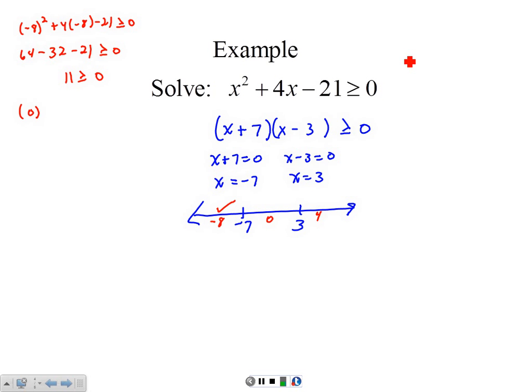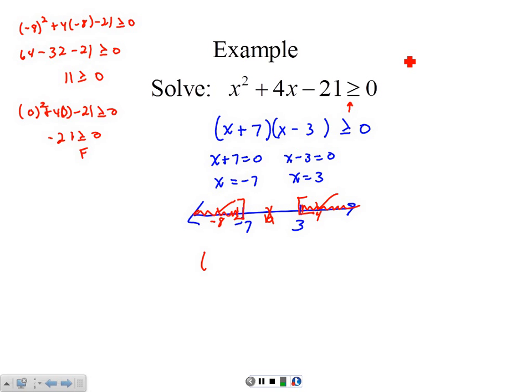We're going to have 0 squared plus 4 times 0 minus 21 greater than or equal to 0. So you get negative 21 greater than or equal to 0, which is false. So I know that that one's not going to work. So I know that I am going to have a disjunction. So this time, since we have the equal sign there as well, we're going to use brackets, and it's going to be a disjunction, so the graphs are going to go away from each other like this.